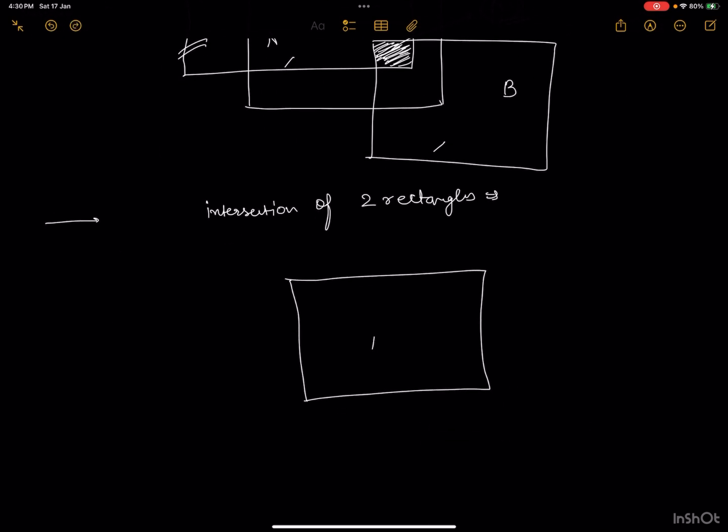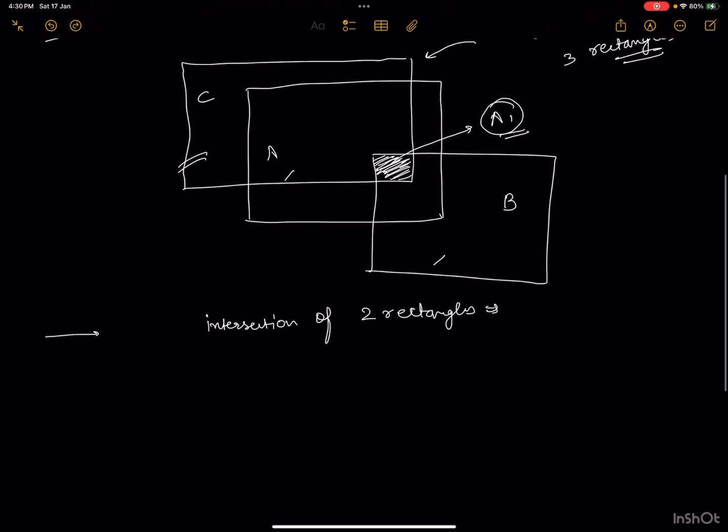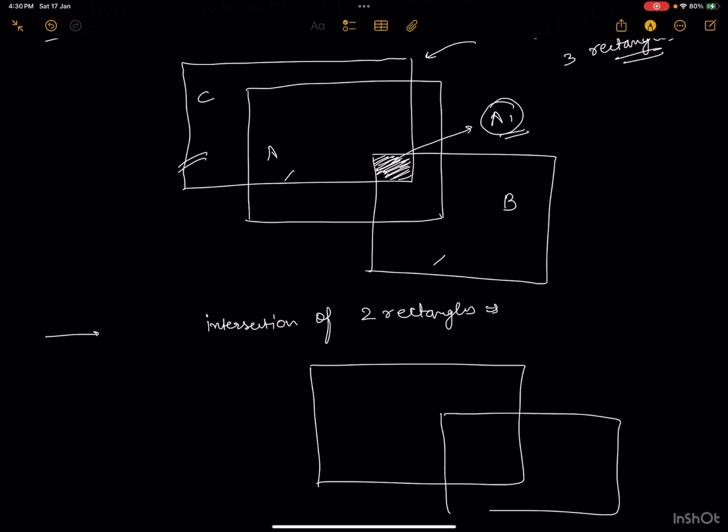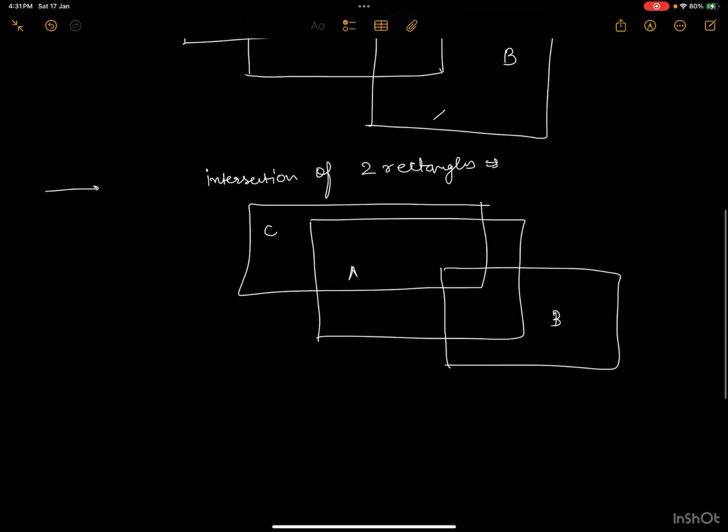This is how it looked. So we have A here, we have the B rectangle here, and then we have the C rectangle here. Now let's say we consider only the intersection of two rectangles. So it could be B intersection C, it could be A intersection B, or it could be A intersection C. Okay, now let's consider we have B intersection C first.